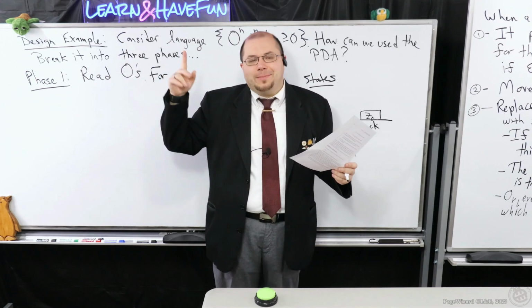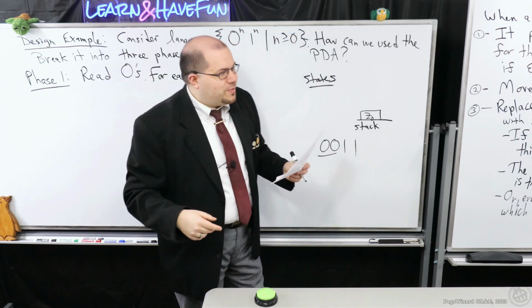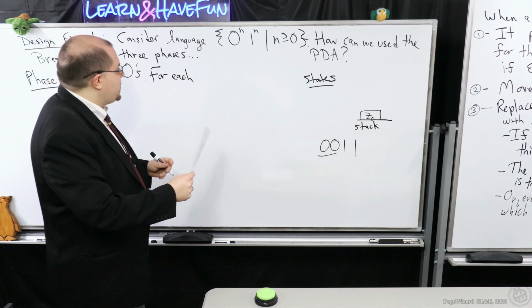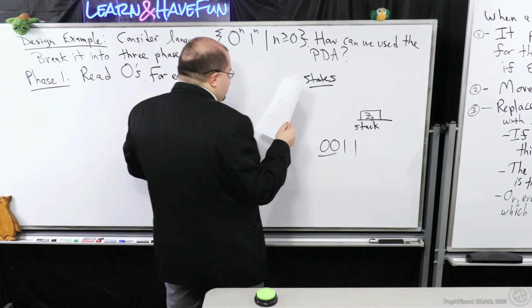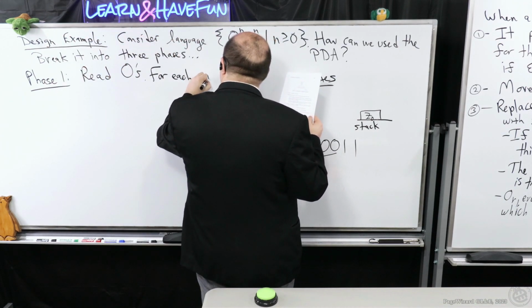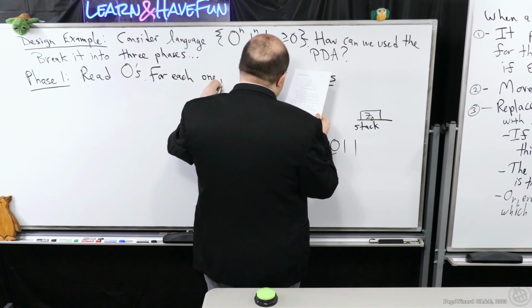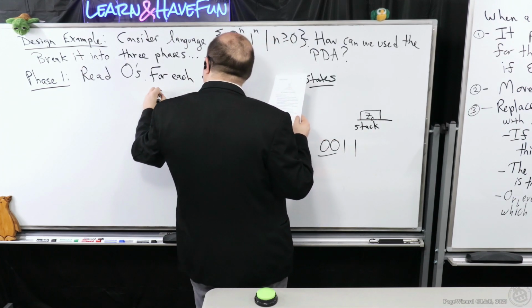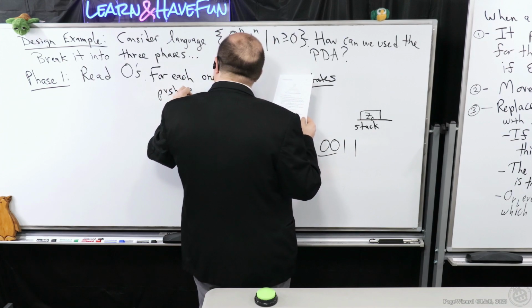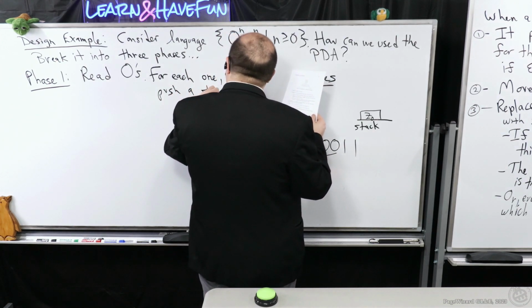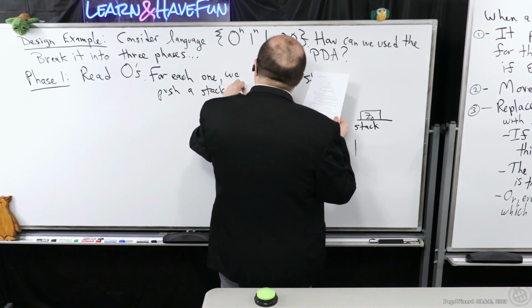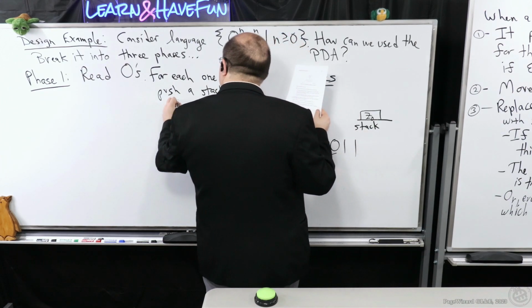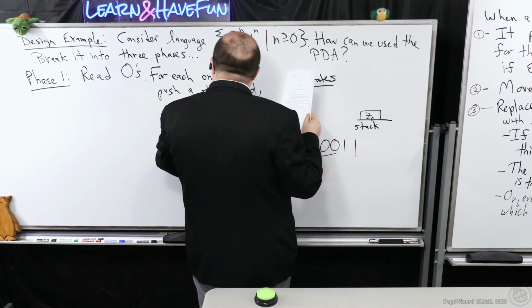You can imagine something like this. We've done things like this before. But every time it does read a 0, for each one, we push a stack symbol. We'll give it a name. We'll say X.